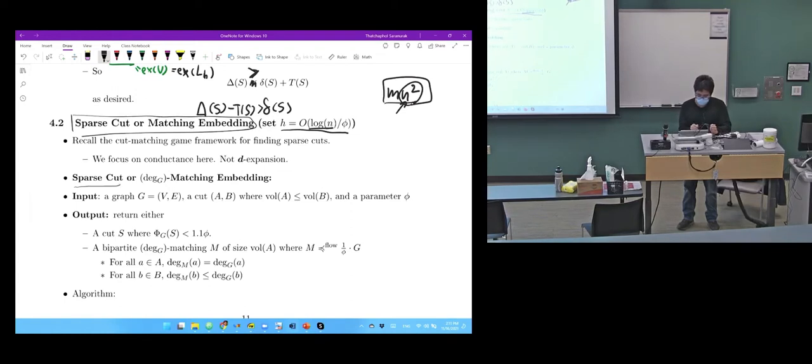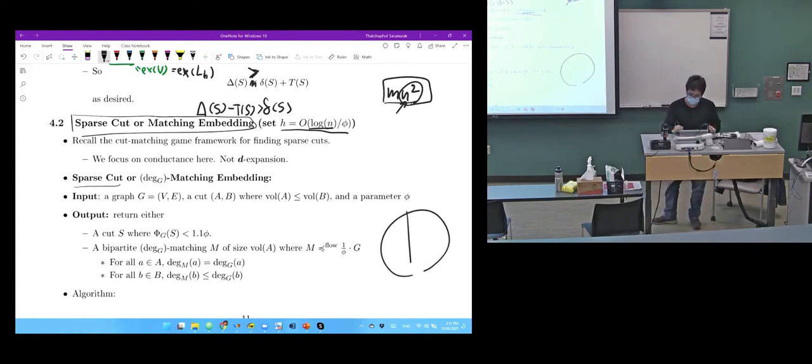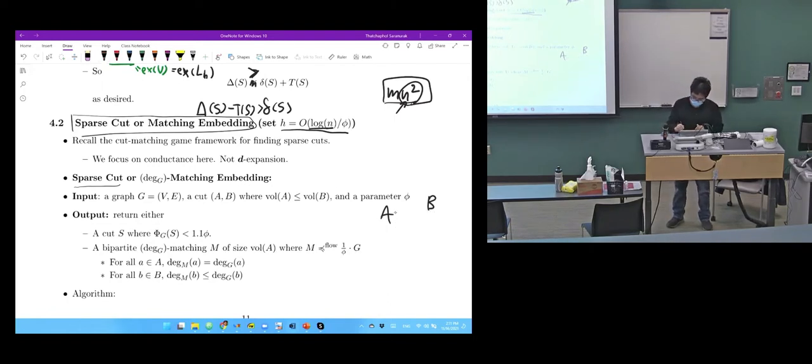The step that we will need is the algorithm for the matching player, that given a graph, given A and B, you either embed a matching from A to B, or find a sparse cut. That's the subroutine that we want. Do you recall this roughly? Okay.